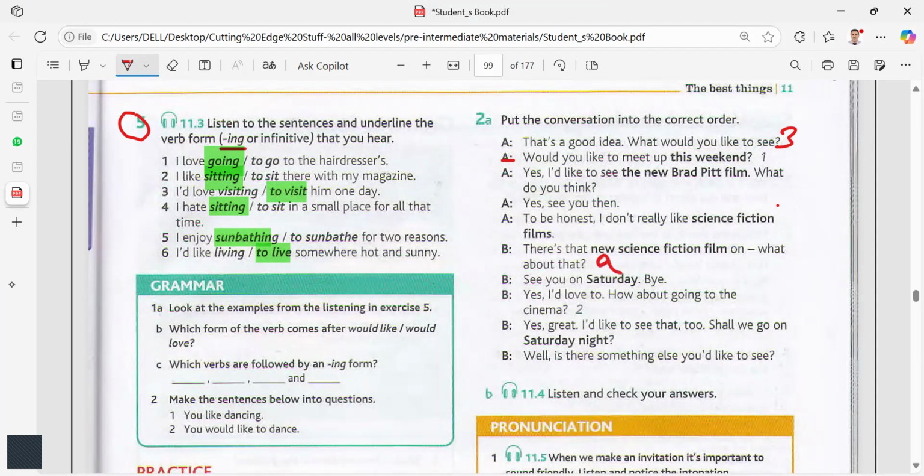What about that? Yes. Well, to be honest, I don't really like science fiction films. Well, is there something else you'd like to see? Yes, I'd like to see the new Brad Pitt. What do you think?